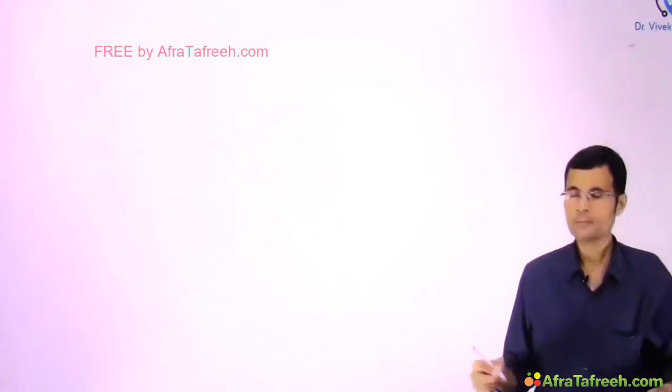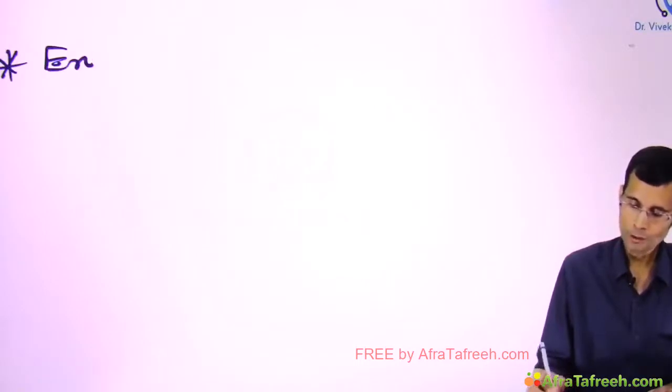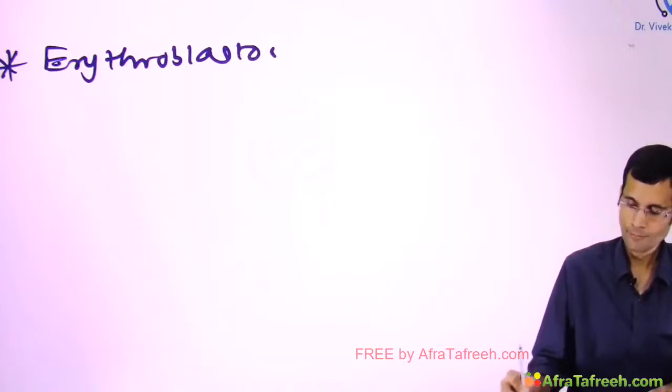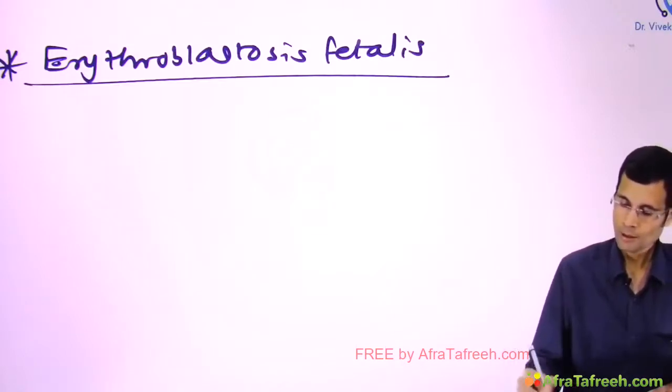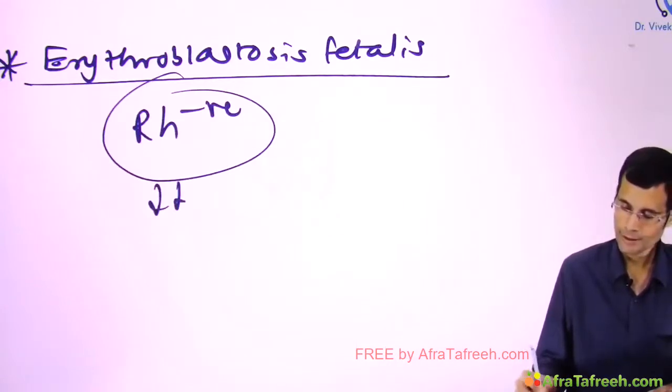That's the RH blood group system, and incompatibility between mother and fetus about the RH blood group will result in what is called as hemolytic disease of the newborn or erythroblastosis fetalis. So mother RH negative, and she conceives the baby with RH positive blood.